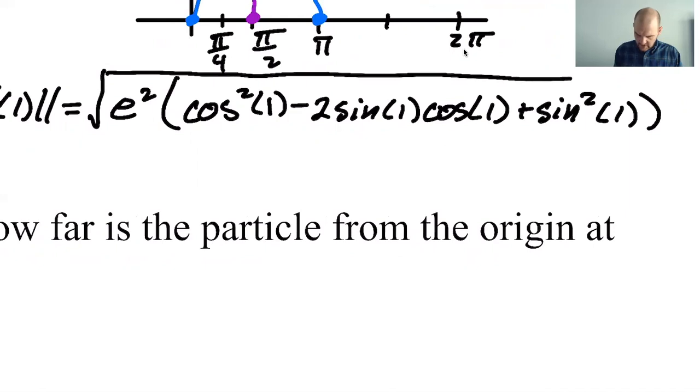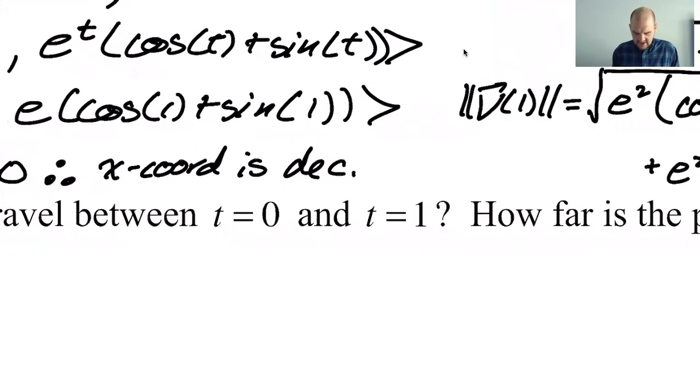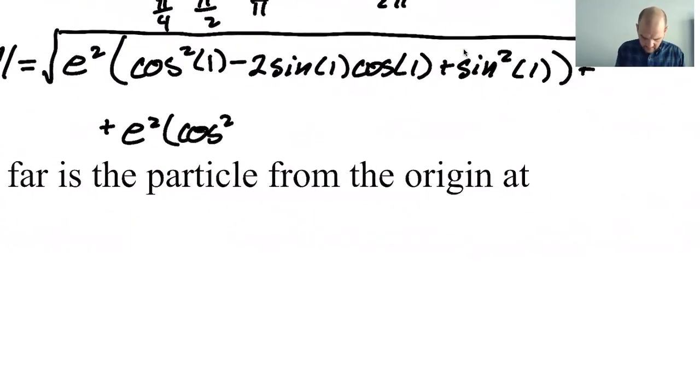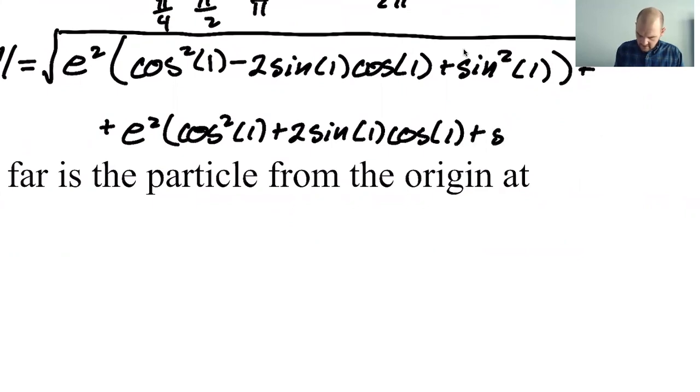I don't know what the proper way to break this is. I'm going to put plus, and then it's still going to be under there. And then there'll be another e squared. And then you just get cosine squared plus 2 sine cosine. There's no way that there's enough room to do this problem.